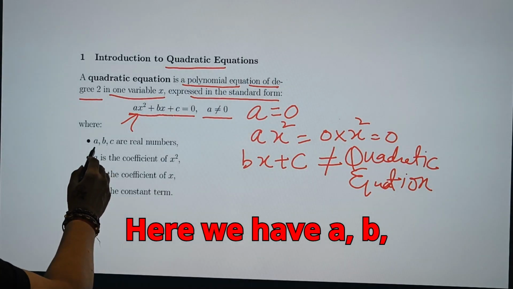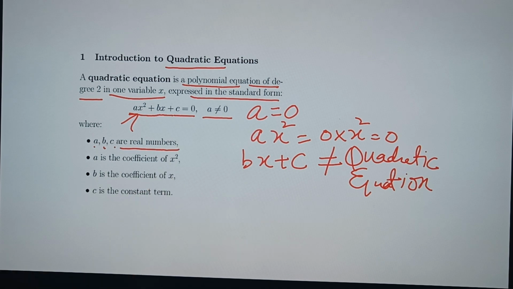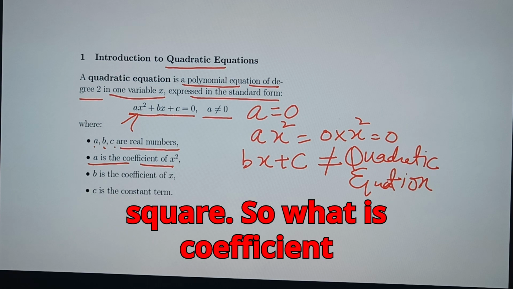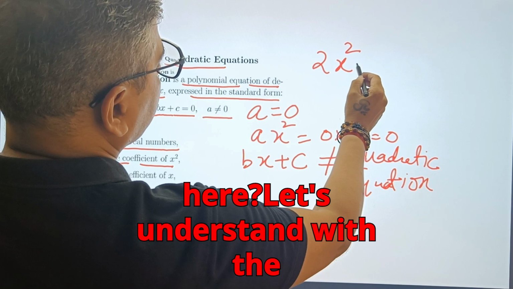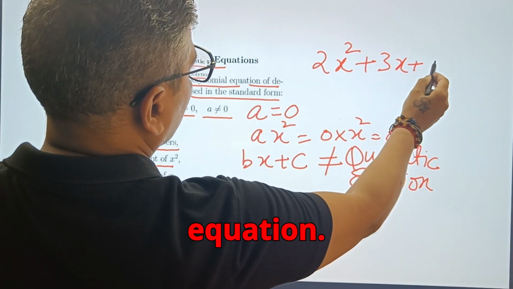Here a, b, c are real numbers. a is the coefficient of x². So what is a coefficient here? Let's understand with the help of this equation.